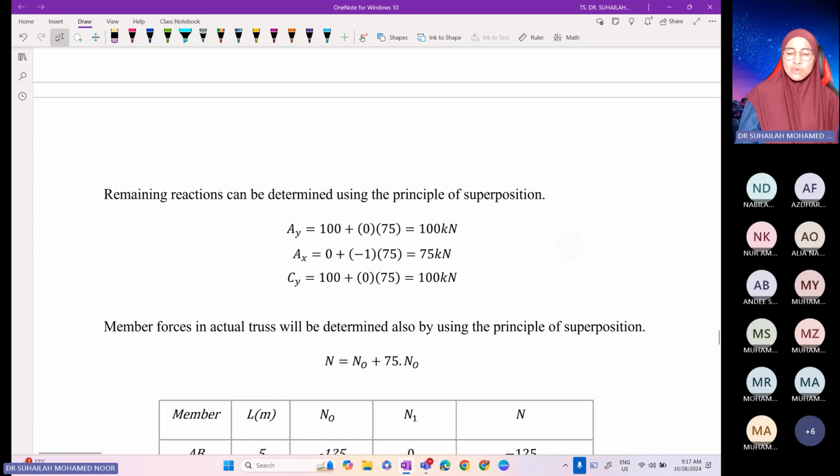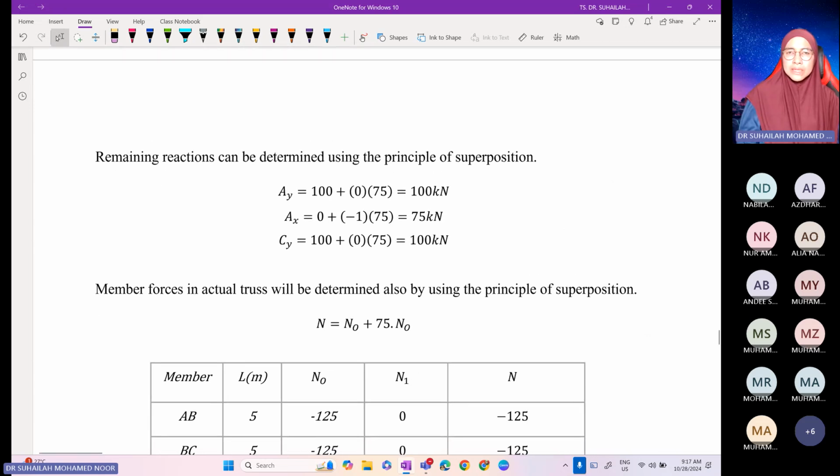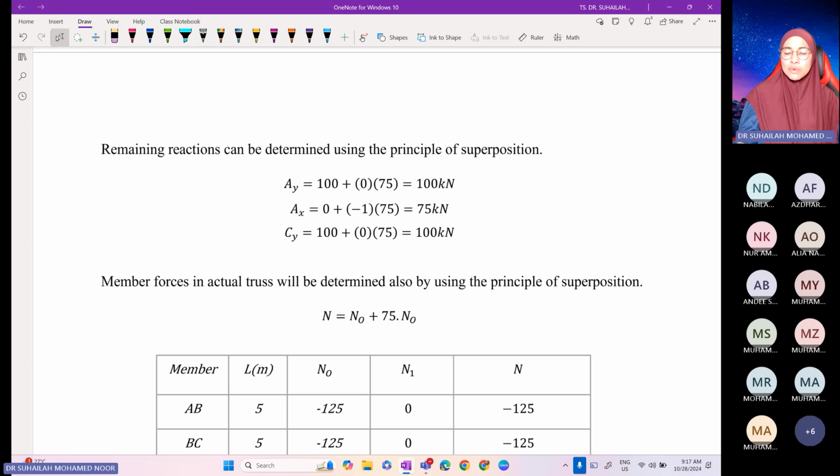So we can continue to calculate reaction by using the principle of superposition. Kat sini please jangan pakai unknown reaction, jangan pakai equilibrium equation, pakai je principle of superposition.